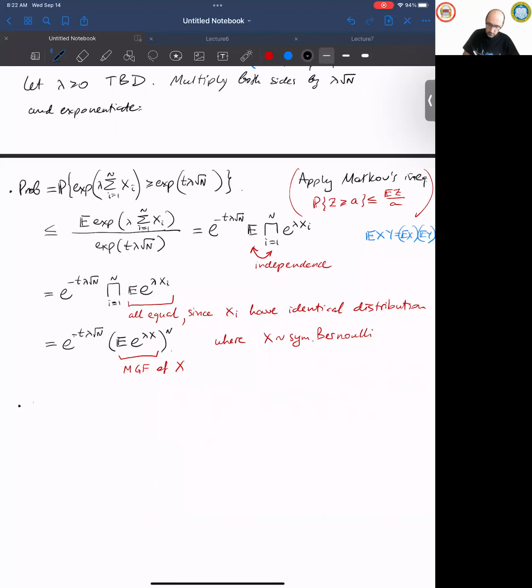So let's compute the moment generating function of symmetric Bernoulli. It takes values 1 and minus 1 with probability 1/2 each. So how do you compute the expected value? You take the probability times the value plus probability times the value.